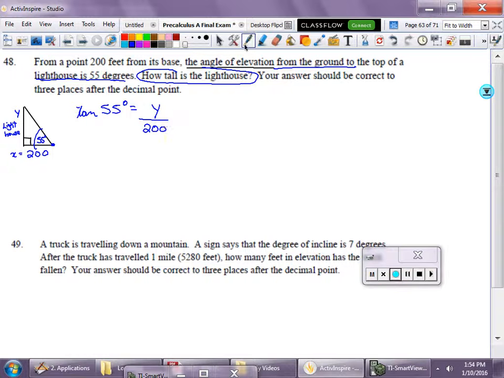Note, the tangent of an angle is equal to y over x. This becomes your proportion. Cross multiply, y is equal to 200. Remember, your constants become your coefficients, and whatever this says, when we put this in our calculator, we are done.